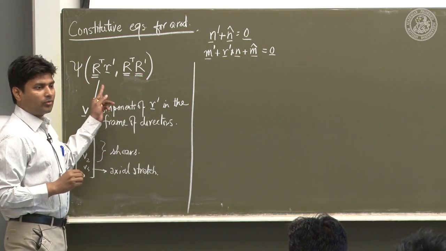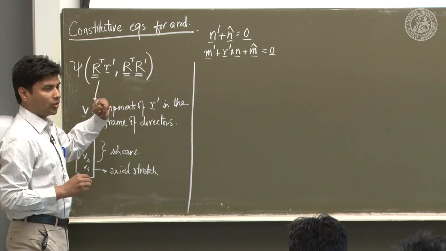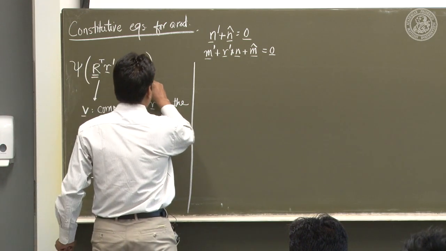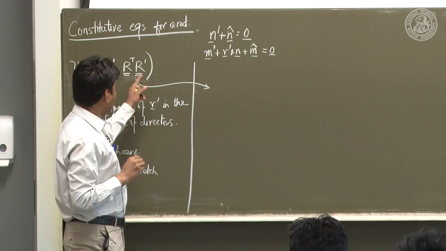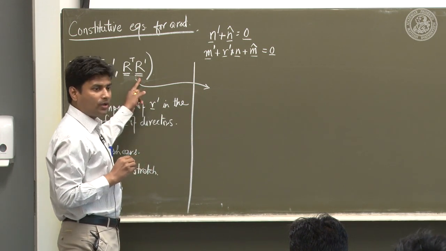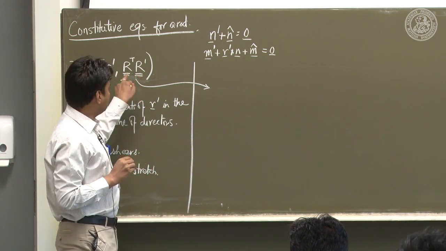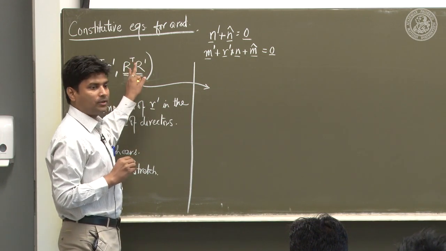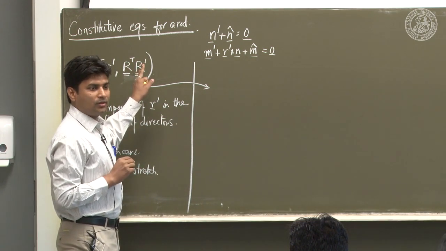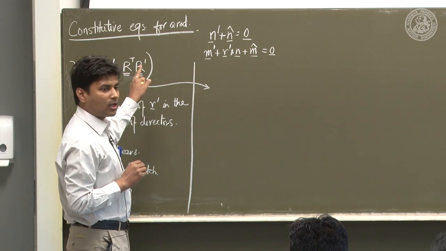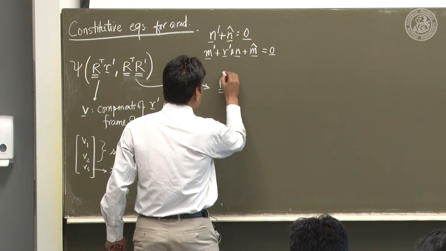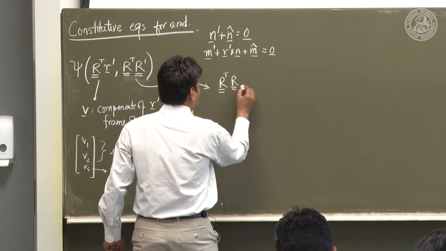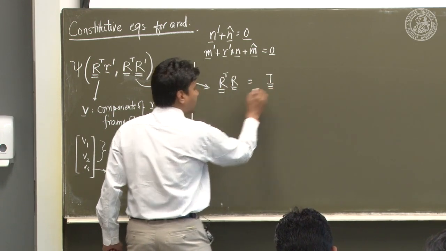So that's the first argument. Now we want to understand the meaning of the second argument. Now as R is a rotation matrix, this quantity is going to be a skew symmetric matrix, something that we had worked out last time. I can also show you very quickly. R transpose R is equal to identity.